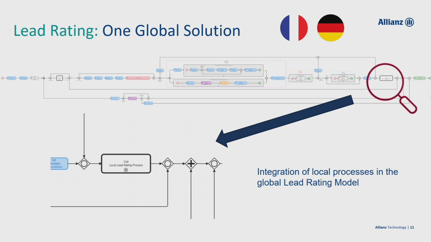Just to give you one example at the end of what differences there could be. I told you geolocation plays a quite important role for our lead routing. In Germany, our geolocation is measured by air distance, whereas in France, it is measured by street distance. They both have some advantages.